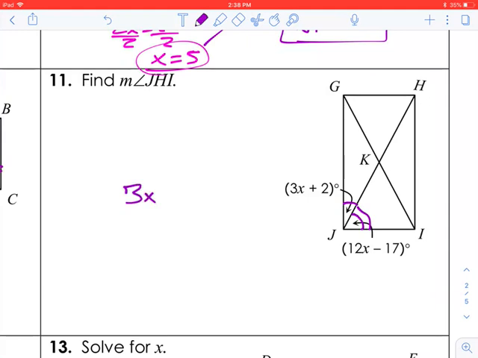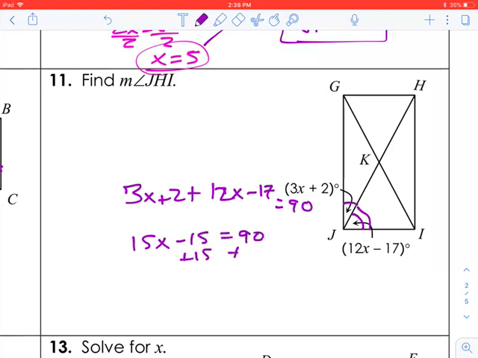So I've got 3x plus 2 plus 12x minus 17 equals 90, and go from there. So 15x minus 15 equals 90. Add 15. 15x equals 105. Divide by 15, x equals 7.